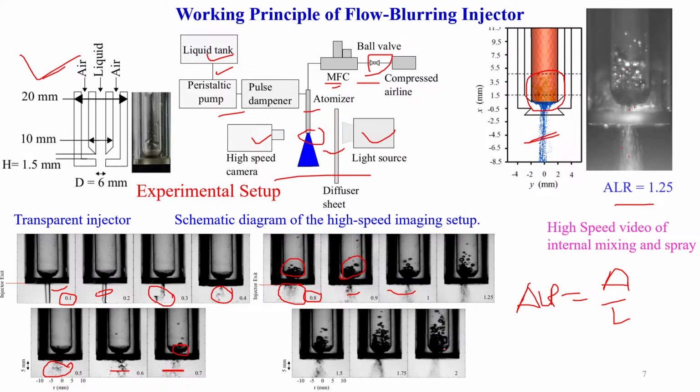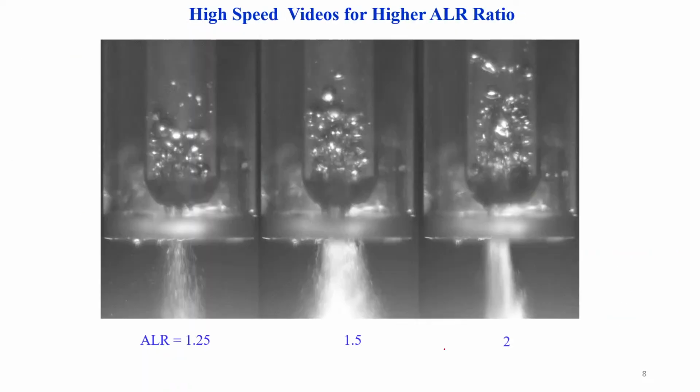Here we can clearly see that as we increase the ALR ratio, air penetration also increases inside the injector. That means we are getting finer spray at higher ALR ratio. So these are also videos.